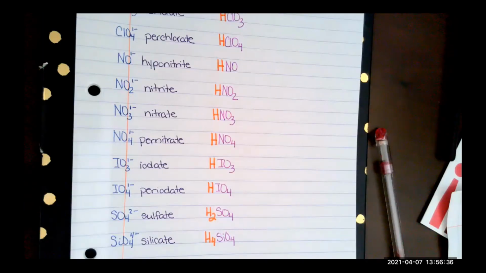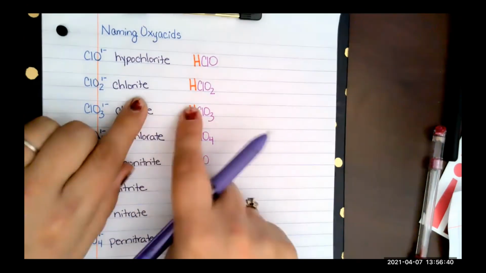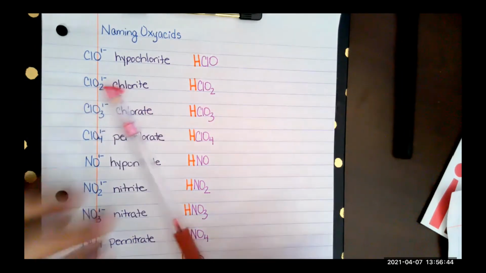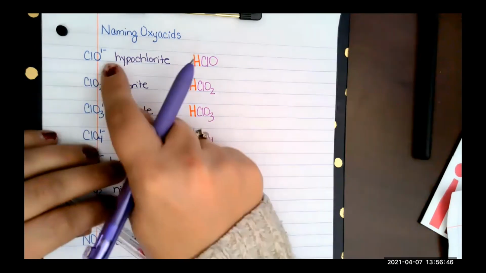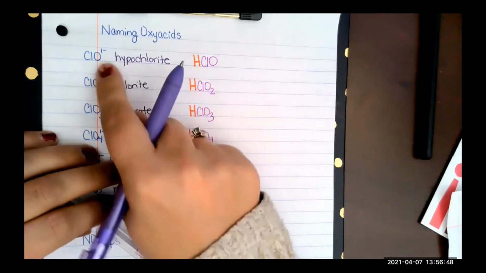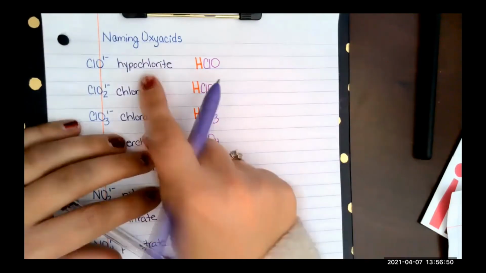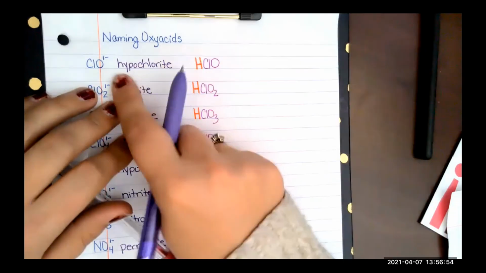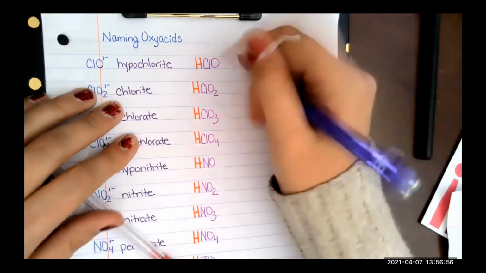Okay, so the final part of this is actually naming the oxyacids. We use the name of the polyatomic as a base. So if it's hypochlorite, you write everything up to the ite or the ate.